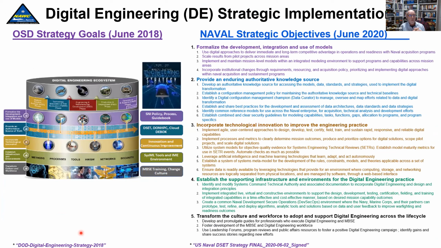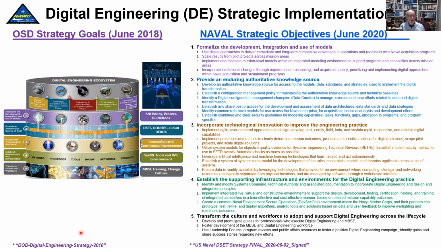So again, from my perspective, the Department of Defense and the U.S. Navy: what happened in 2018 for DoD was that a strategy was put out of the 5 goals of this thing called digital engineering.